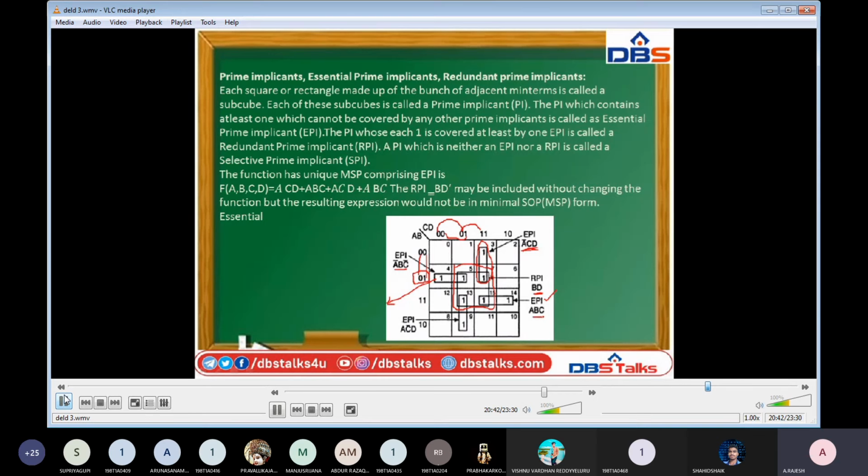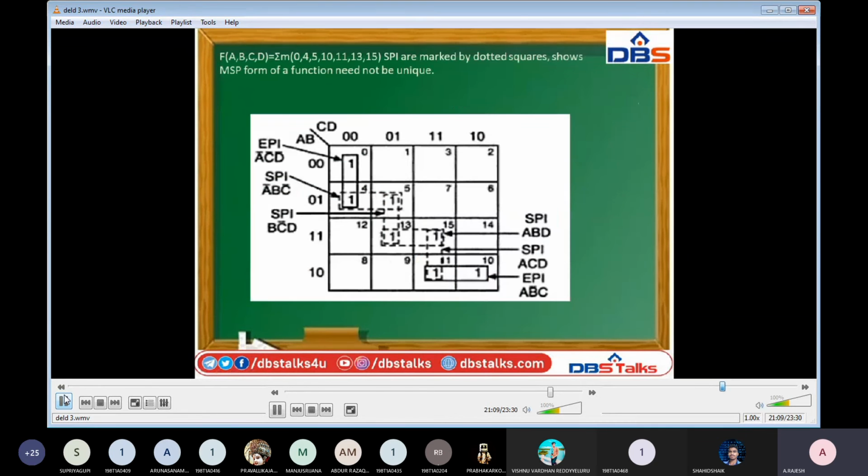That's why ABC. Okay, so coming to the next one, the next essential prime implicant. Here A equals 1, B equals 1, and A equals 1, B equals 0. That means B is varying here. Okay, that's why A, and here C complement D, C complement D. Okay, by this we can reduce the literals.